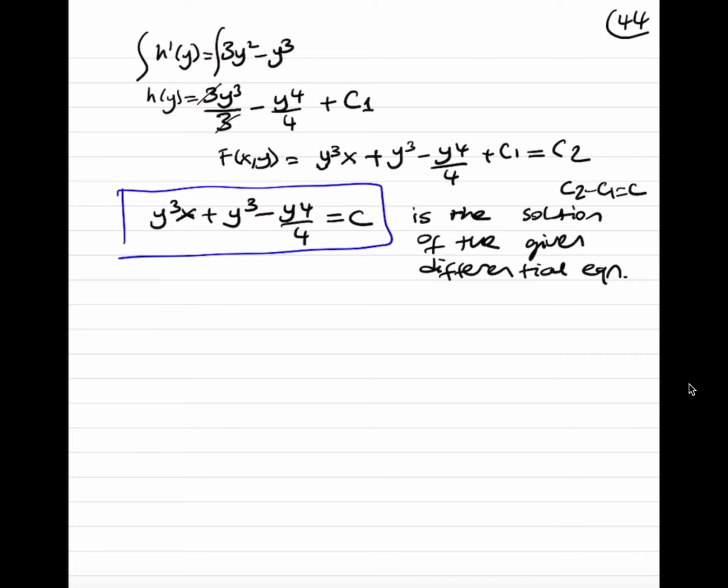Guys, so once you find the integrating factor, okay. So in my notes, I have y square x, so I don't know.